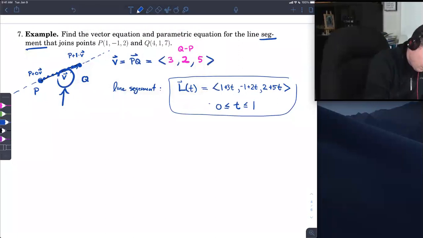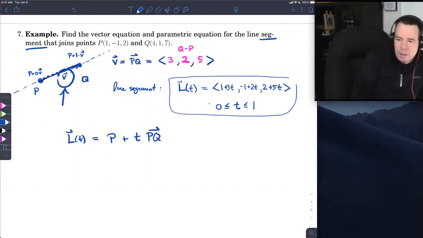You are. So I'll write this in a slightly different way. For L of t, for that line, we are starting with the point P, and we are adding to that the vector from P to Q. This is a way I don't like to write it because I'm doing addition of points, but this might help you think about it.